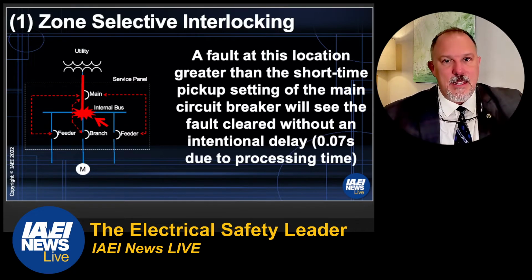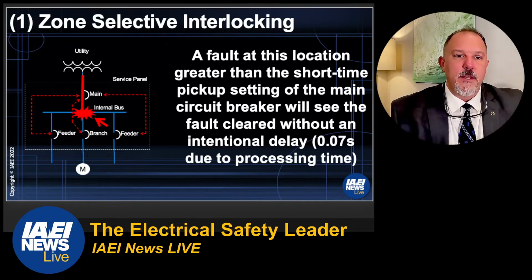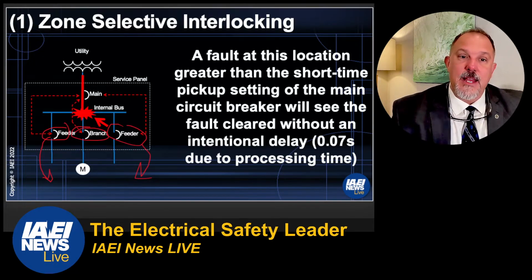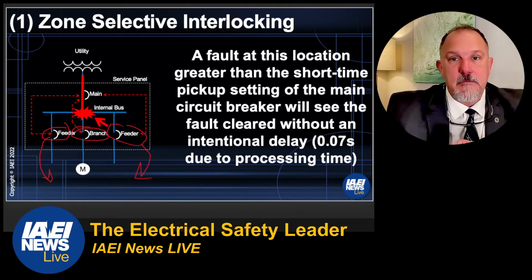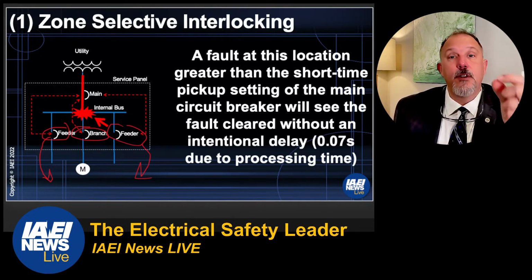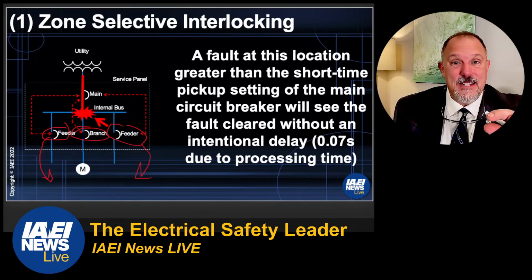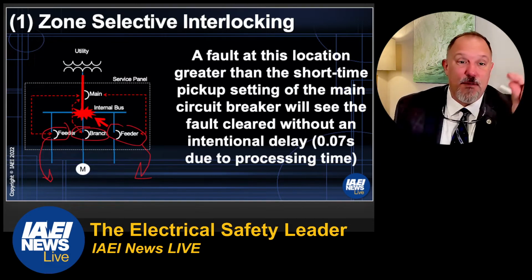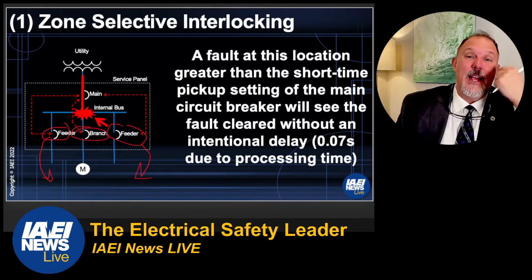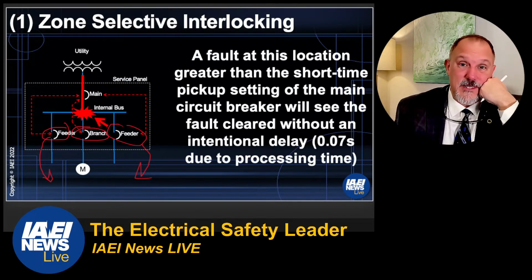Now you can nest these so that these downstream feeder devices here, this feeder device and that branch feeder device, and even maybe that device there, I could zone selectively interlock with a downstream piece of equipment, the next overcurrent device. And then I'm extending my zone of protection. But I would have to have those 5-volt signal wires connected external from this piece of equipment to the next downstream piece of equipment. And then obviously you get into the concerns of distance, right?